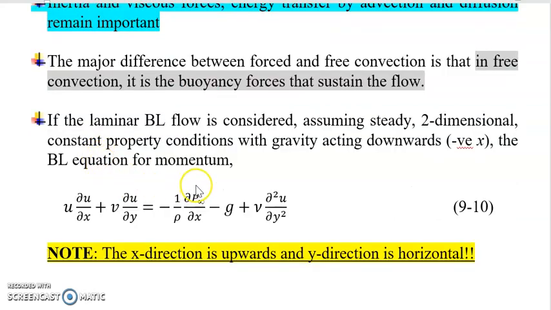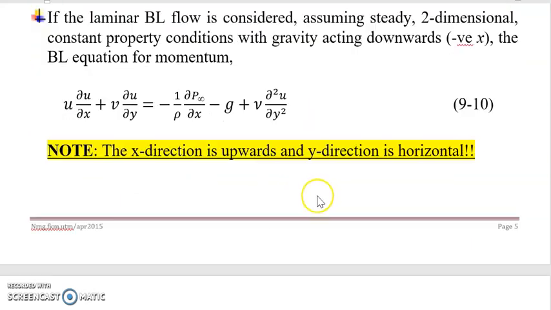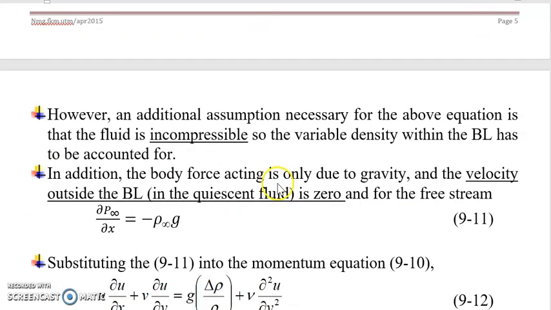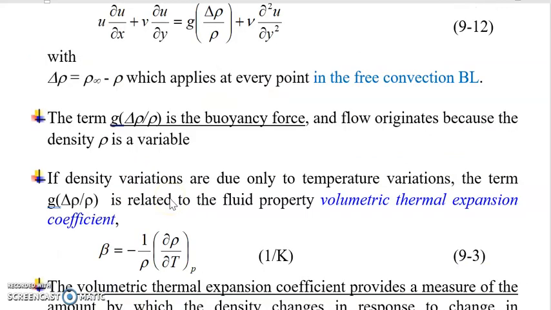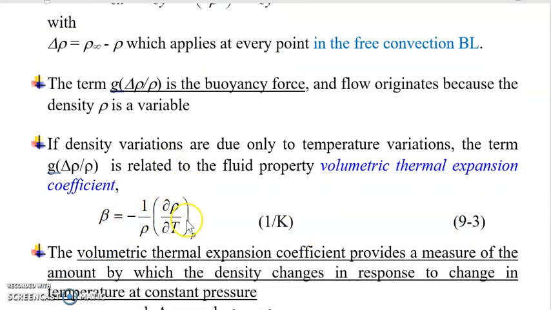So you can check out your ebook for the series of equations developing the boundary layer equations. Note here in the boundary layer, the density is a variable, right? The buoyancy force is described by this term, g times delta rho divided by rho, rho being the density of the fluid. And we have the volumetric thermal expansion coefficient, beta.